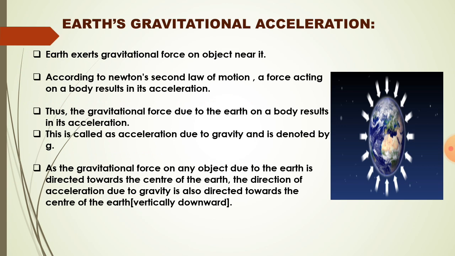It comes vertically downward. Acceleration is a vector quantity. What do we mean by vector quantity? A vector quantity is a physical quantity that has both magnitude and direction, like force and weight. So remember, acceleration is a vector quantity.